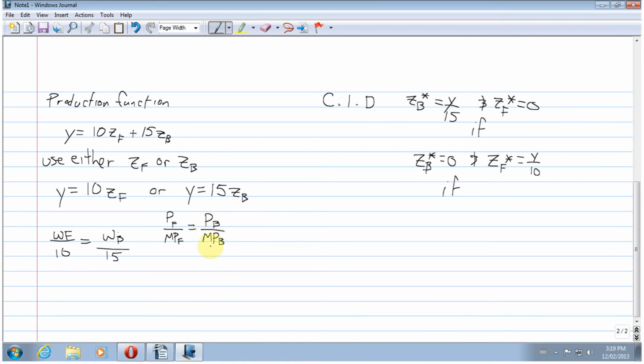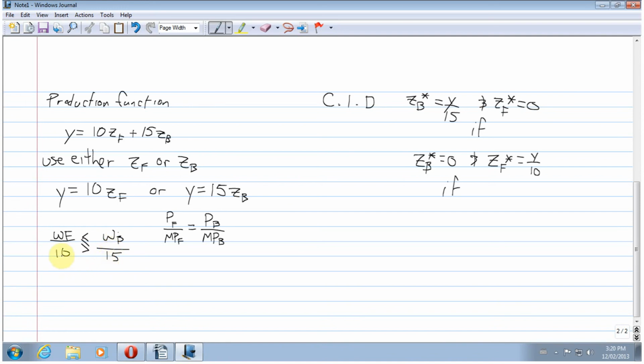That's when the firm owner is indifferent between using the two inputs. But in general, that's not going to be true. This ratio is going to be violated in one of these ways. These are just marginal costs, so he's going to choose whichever one gives him the lowest marginal cost.